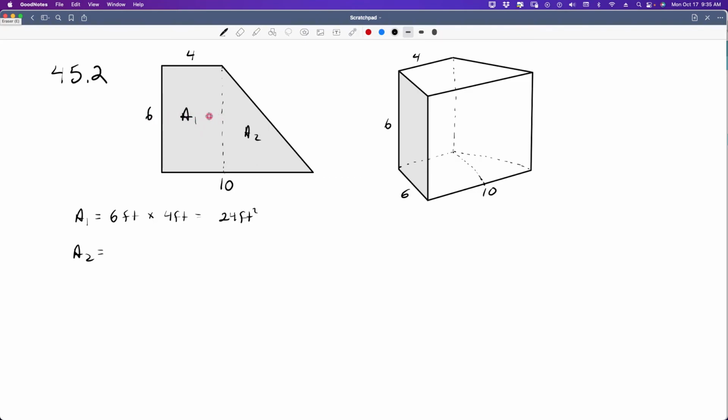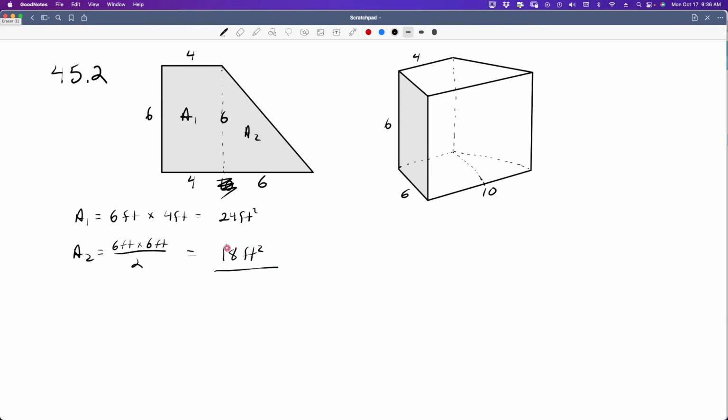The look across tells us that this is going to be 6. And our base, if we do the look across here, this dimension is 4. 10 minus 4 means that this is going to be 6. We don't need that 10 anymore. So 6 by 6, but it's a triangle, so 6 foot times 6 foot, and we divide it by 2. 36 divided by 2 is going to equal 18 feet squared.